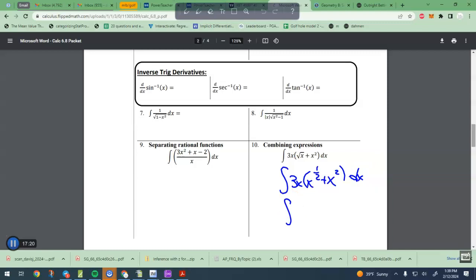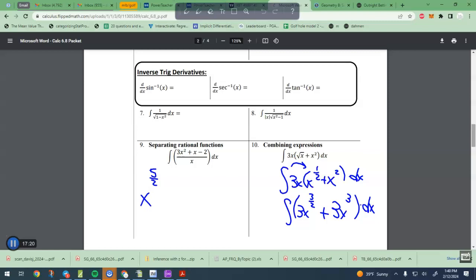Add them up. So if I distribute here, that'll be 3x to the 1 plus 1/2, which is 3/2, and then 3x to the third, times dx. And now it just looks like a typical problem. I can use my regular power rule and everything's fine. So I'm going to add 1 to the power here. What's 3/2 plus 1? 3/2 plus 2 more halves, so 5/2.